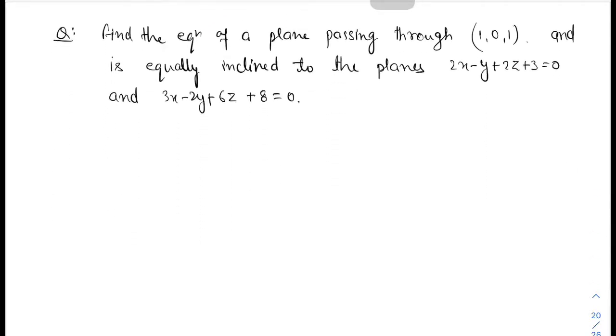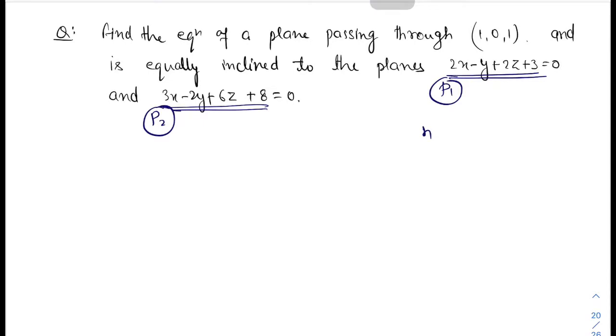This example says: find the equation of the plane which is passing through the point (1, 0, 1), and that plane must be equally inclined to the two given planes. First observe these planes. Let me consider this plane as P1 and this as P2. These planes are not parallel and not perpendicular either. How can we conclude that?